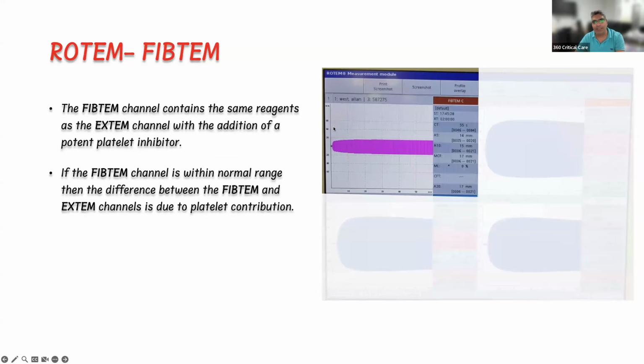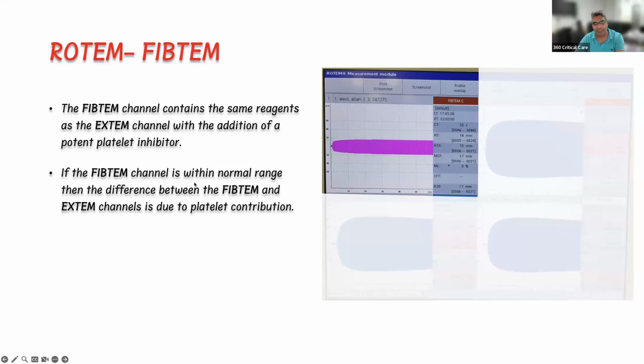The next one is FIBTEM or fibrinogen channel. The FIBTEM channel contains the same reagent as EXTEM, but in addition to that, it inhibits the platelets. So the platelet effects are neutralized here, and whatever you see in this channel is because of fibrinogen. So FIBTEM looks at the effect of fibrinogen.